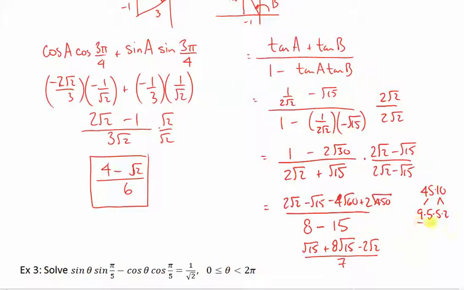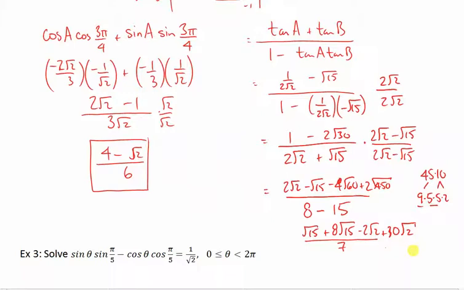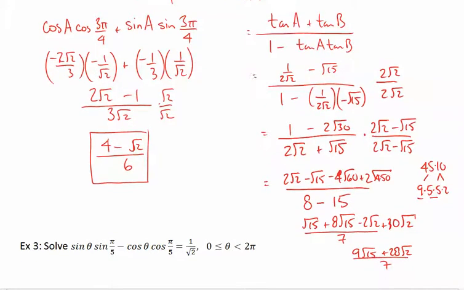So I've got a 9 and a 25, so a 3 and a 5 will come out, or a 15 times 2. So I have a 30, and I'm left with a root 2. So I actually can get this a little bit simpler. 9 root 15 plus 28 root 2 over 7, unless I made a math mistake doing that too quickly. You should probably check your work and just make sure I did that right.